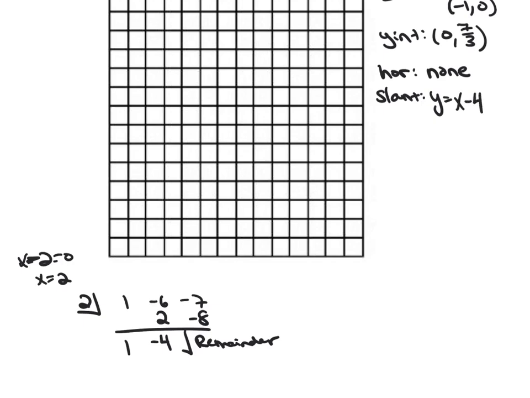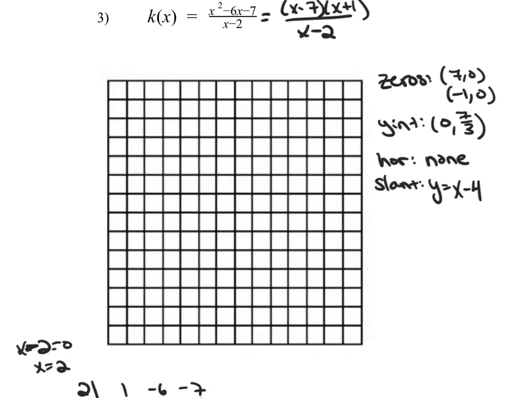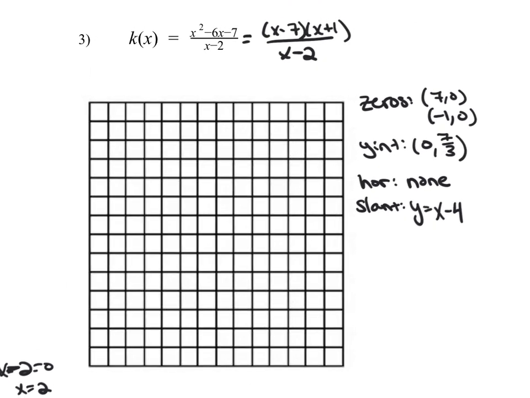So now we can go ahead and graph that. Because we have zeros at 7 and negative 1, I am going to slide our axes slightly over so that we'll be able to see the 7. So we'll go right about here.